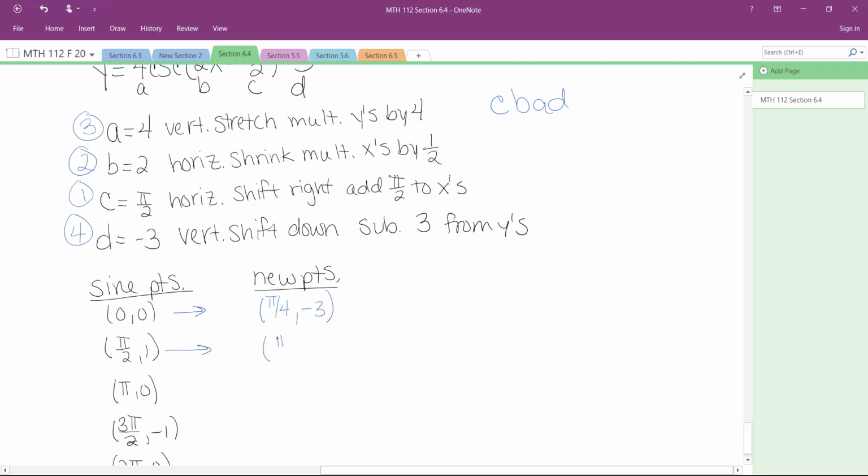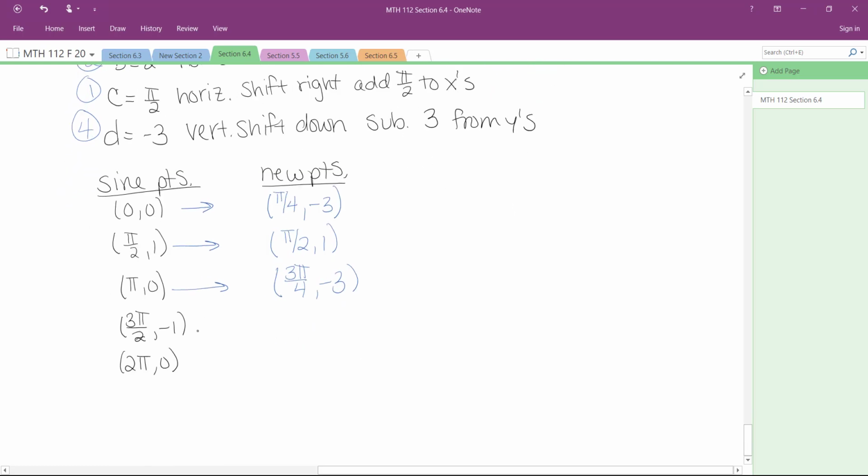Then I move to pi over 2, 1. Then 3 pi over 4, -3. Then pi, -7. And lastly, 5 pi over 4, -3.